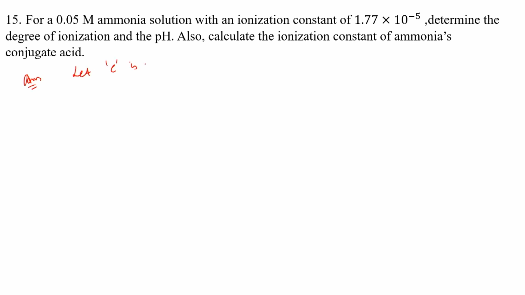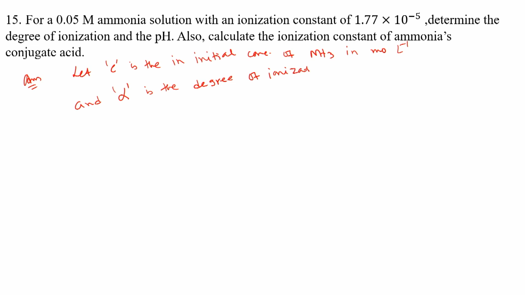let C be the initial concentration of NH3 in moles per liter, and alpha be the degree of dissociation or ionization of NH3.